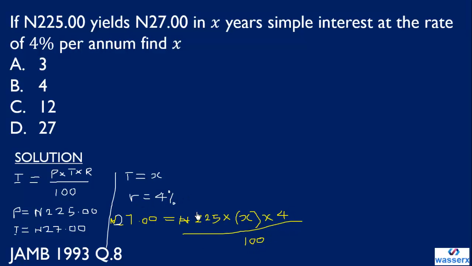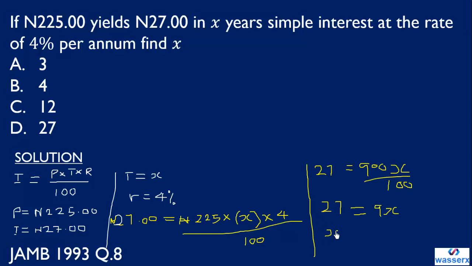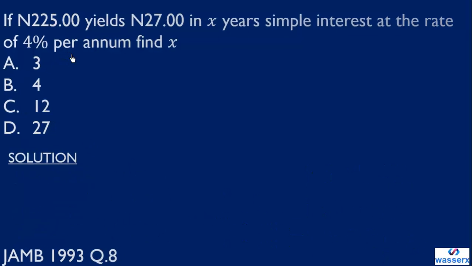Now we just simplify this to obtain 27 is equal to 900x over 100. So 27 is equal to 9x. So we now divide both sides by 9 to obtain 27 over 9, which is equal to 3 years.